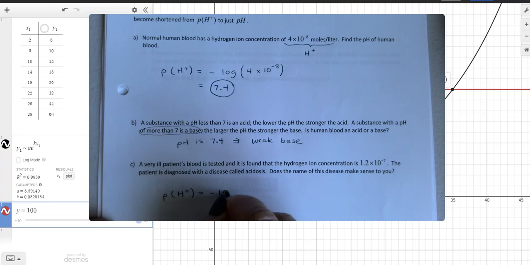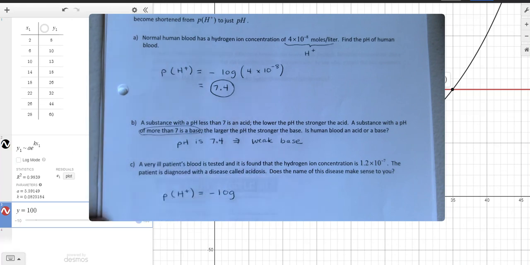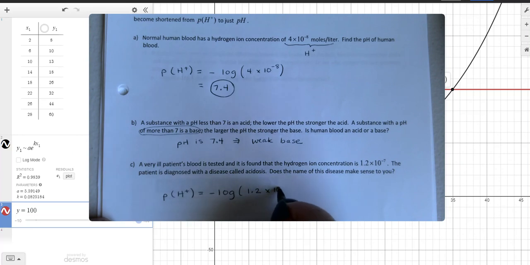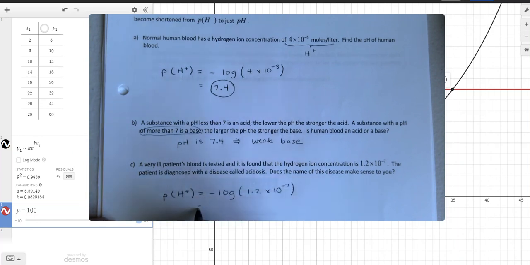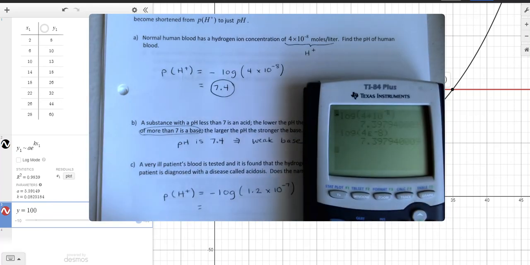It would be minus the log of 1.2 times 10 to the -7th. And it's about 6.9.